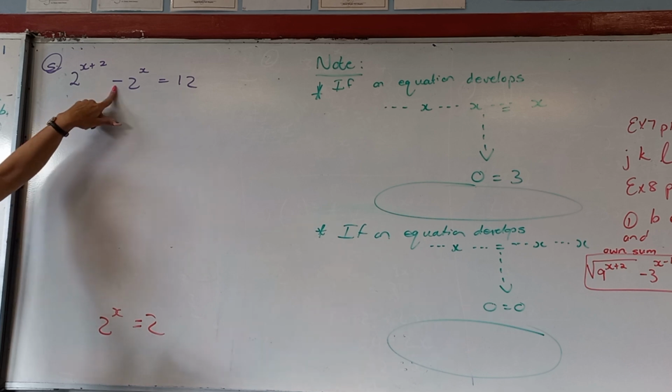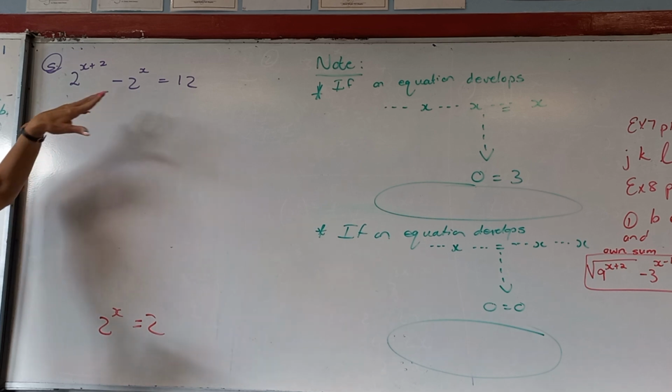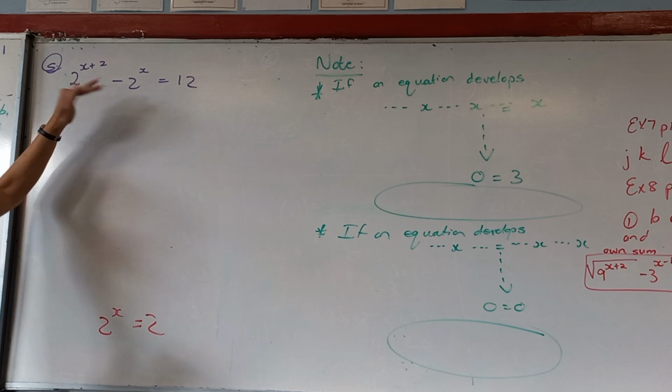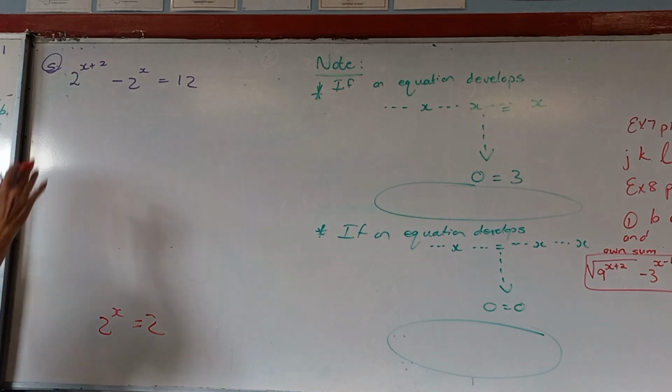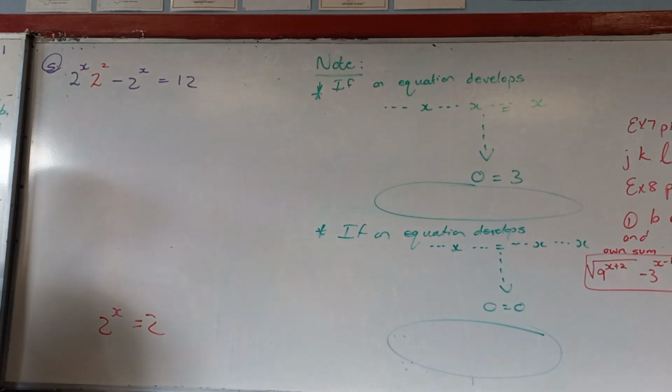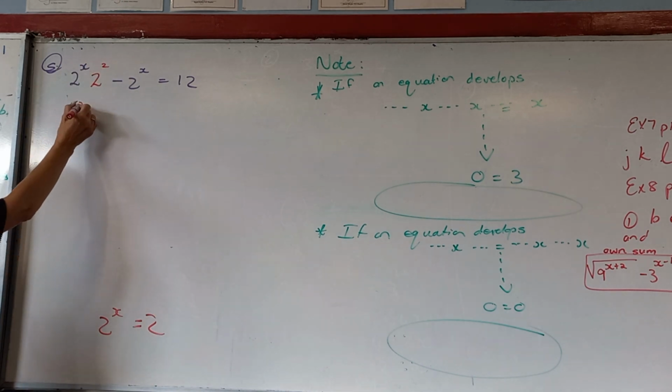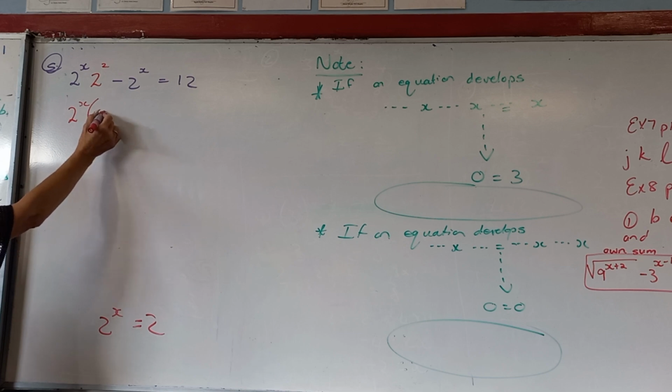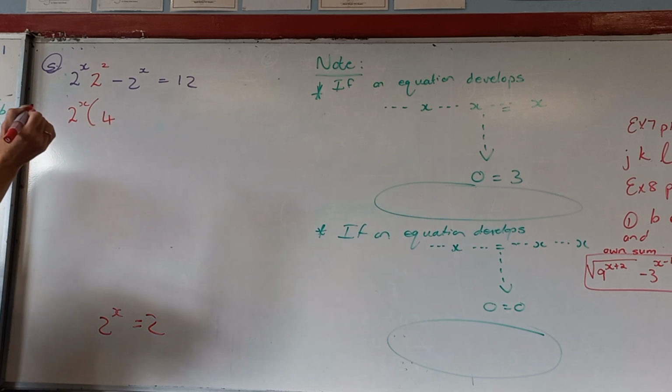factorize. There's a plus and a minus, so you've got to factorize, which means first type hopefully always is common factor. And it helps you to write it separately so that you can take out the common factor 2 to the x, and there's left 2 squared. Happy with me?